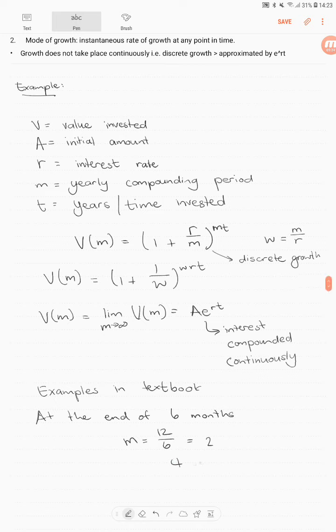At the end of 4 months, or termly, M is equal to 12 divided by 4, equal to 3.